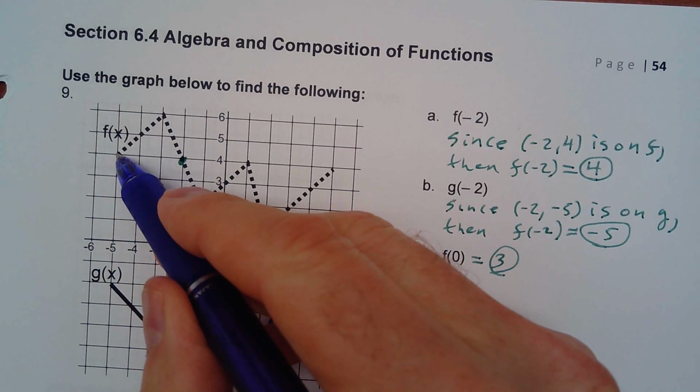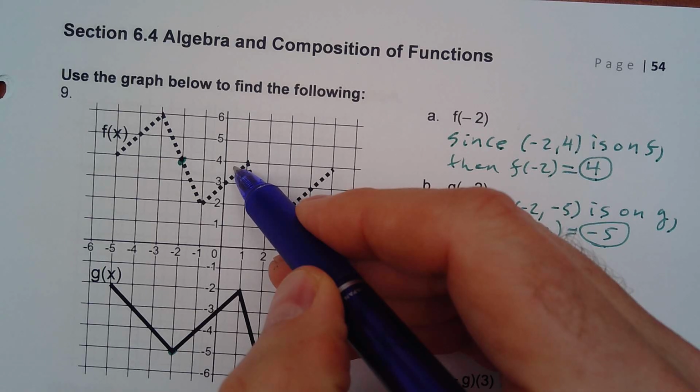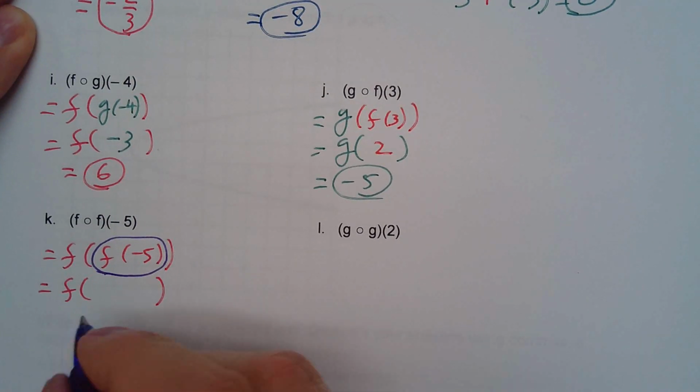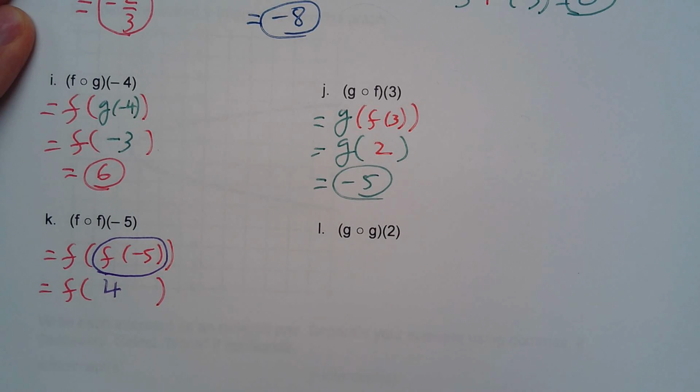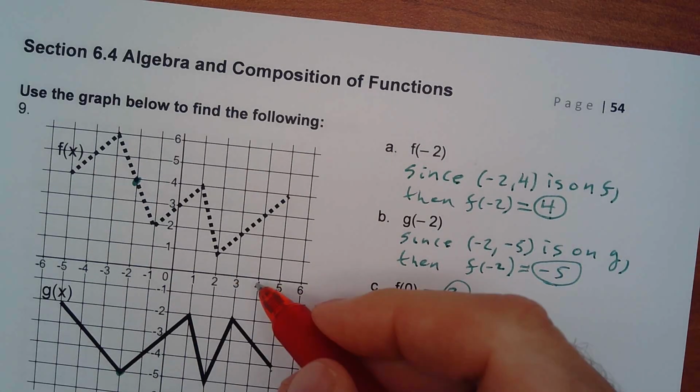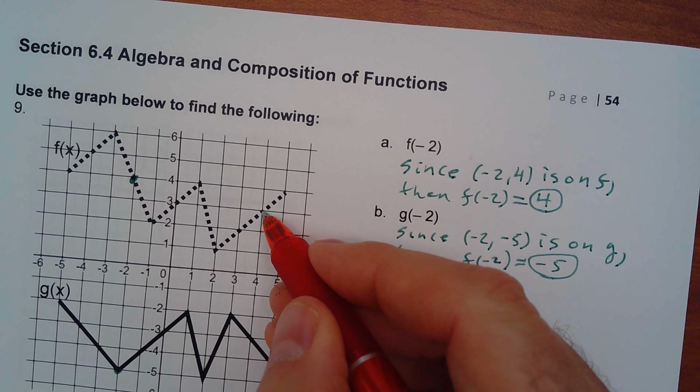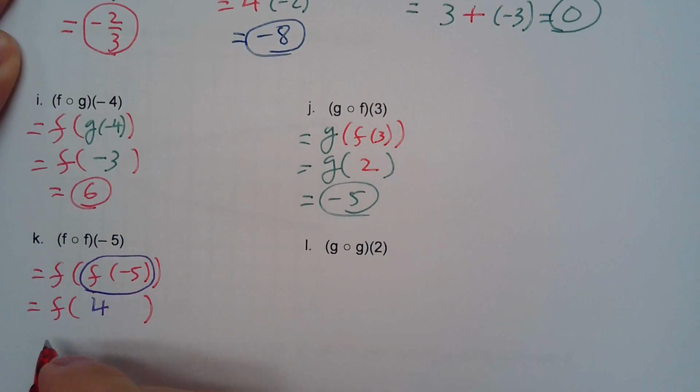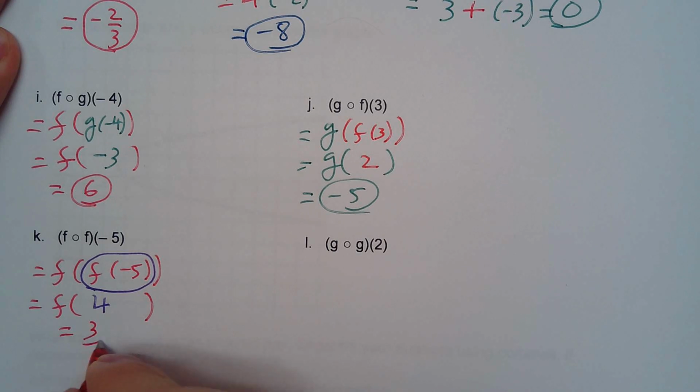My y value here is 4. So what I have circled in purple becomes 4. And now I want to look at f of 4. So when x equals 4, my y value is 3. So this thing will be equal to 3.